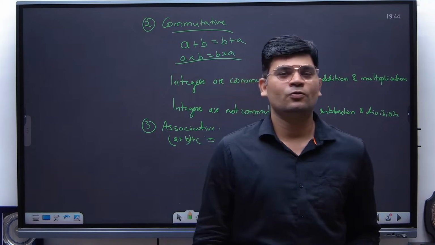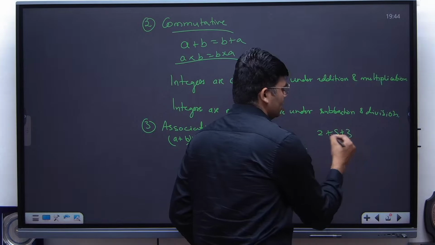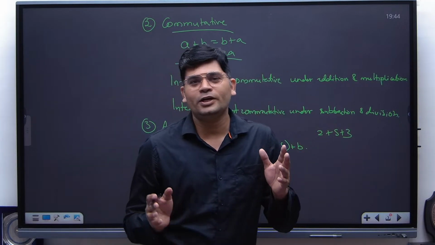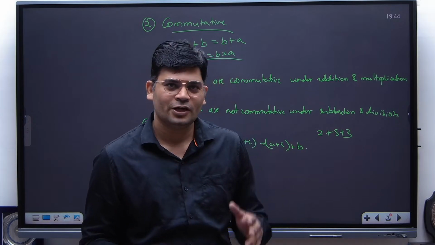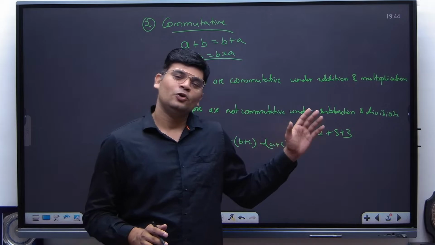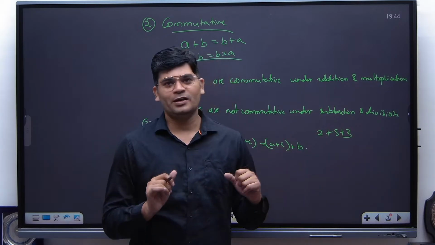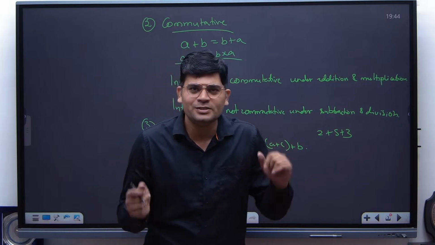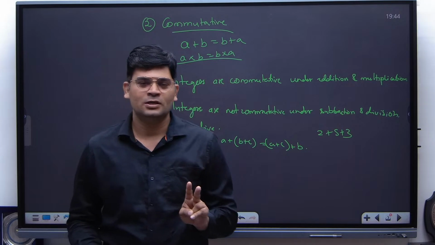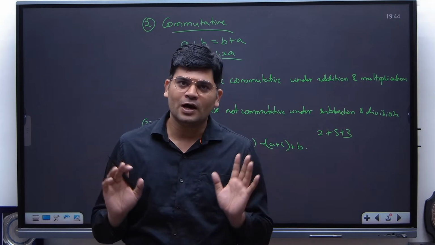If I ask you what is 2 plus 5 plus 3, you will add only two numbers at a time in your mind. Nobody can say 2 plus 5 plus 3 is 10 directly. He will say 2 plus 5 is 7 and 7 plus 3 is 10. At a time we are adding only two numbers. It is our privilege to add any two numbers of our choice.